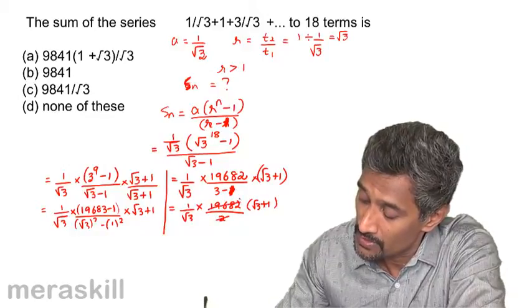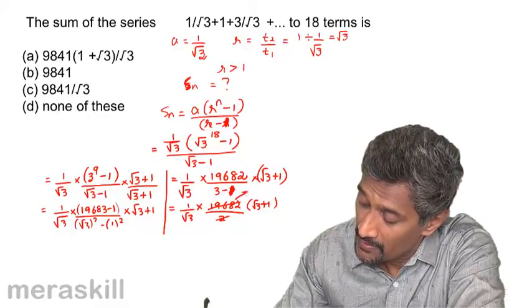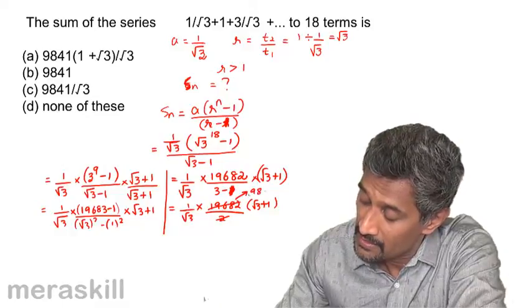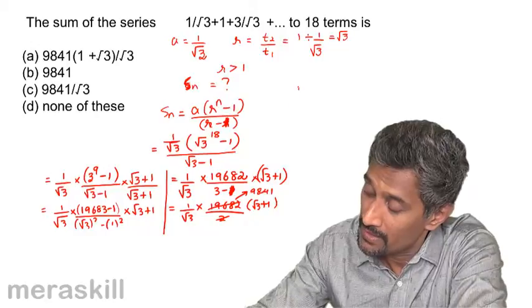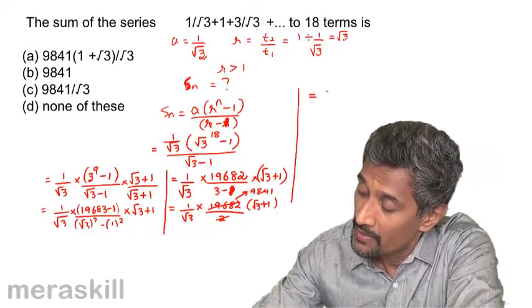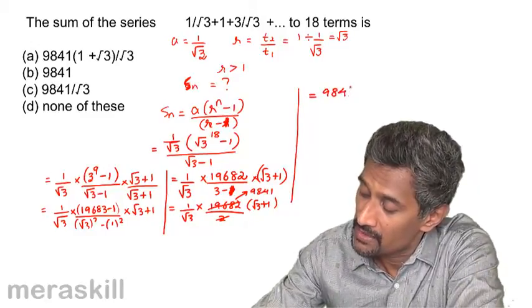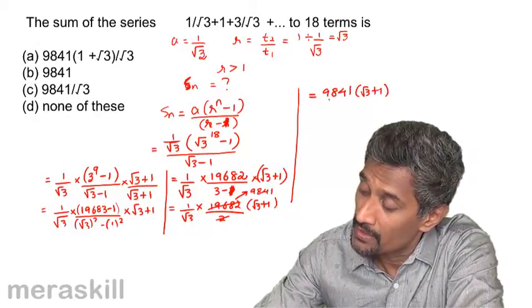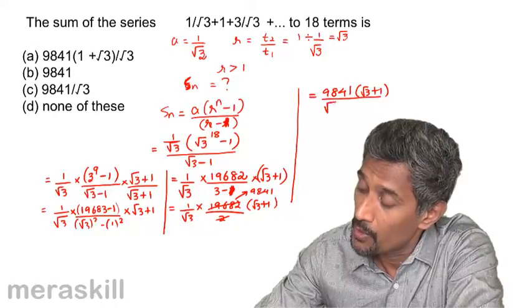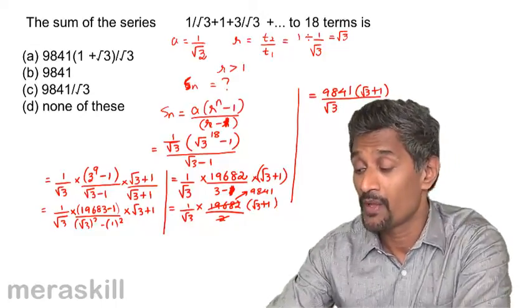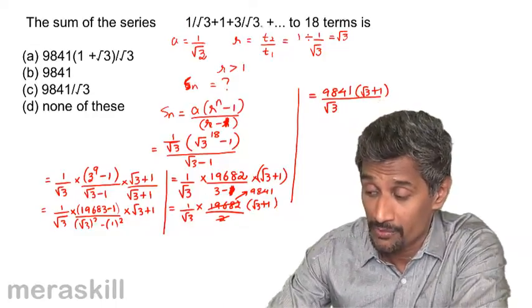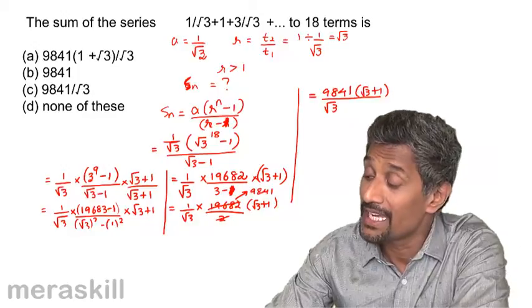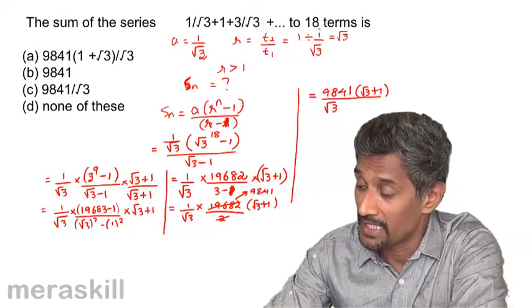This of course will turn out to be 9841. So ultimately it's going to be 9841 into root 3 plus 1, the whole upon root 3, which is the sum of this geometric progression series for the first 18 terms.